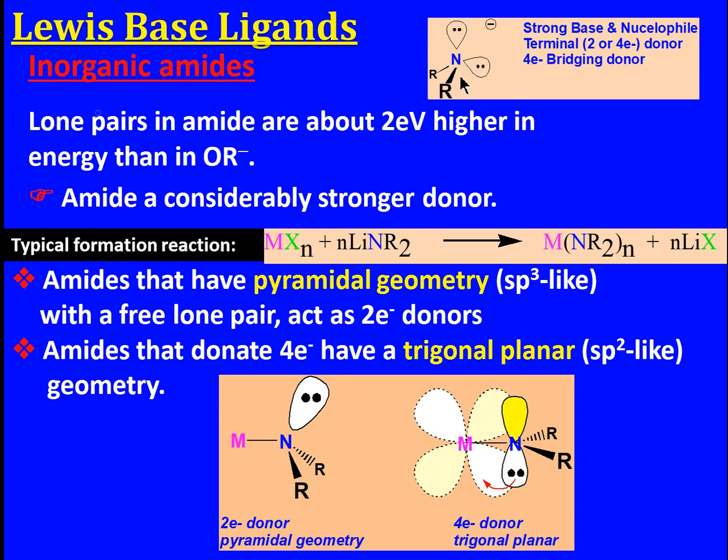The terminal donation, 2 electron or 4 electron, depends on the structure of the amide.